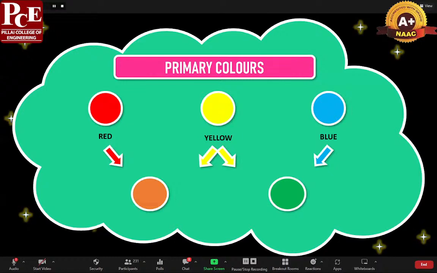So these are the secondary colors, and the combination of a primary color and a secondary color will further lead to tertiary colors. So you can understand how important colors are, because with the proper combination, we can create an aesthetic appeal. We can arouse the interest in the readers by applying the colors in a very systematic and logical manner.